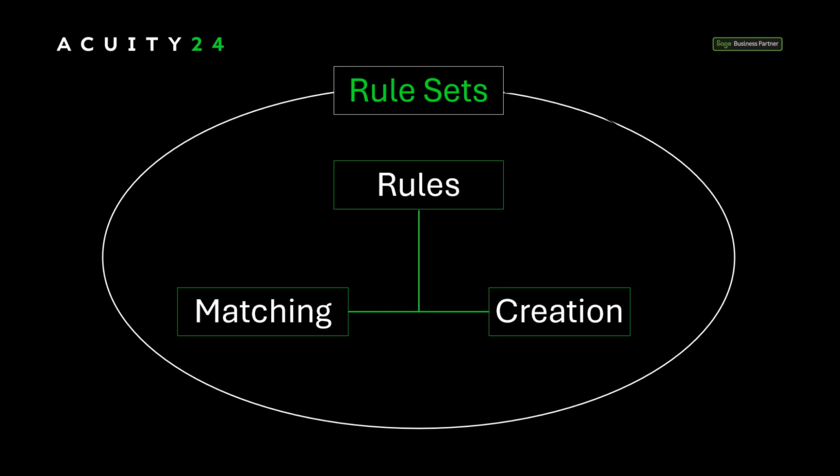Matching rules are the instructions used to match the bank transactions being brought into Intacct with the cash book bank transactions which have already been recorded in Intacct. The creation rules, as you might expect, are the instructions Sage Intacct uses to create the Sage Intacct equivalent of the bank transaction being imported.